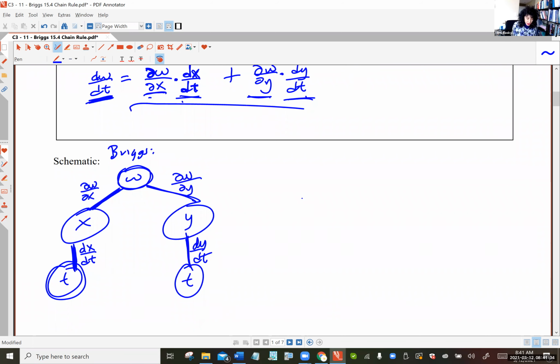So I'm going to show you the schematic that I prefer. It's similar, but I'll tell you why I think this is superior. I still start at the top.